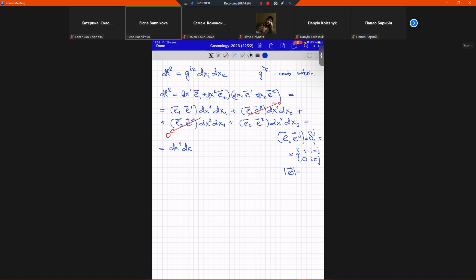dx1 plus dx2 in the case of the example of two-dimensional space. So I can write that it will be dxi.